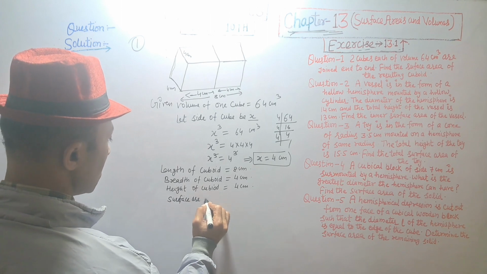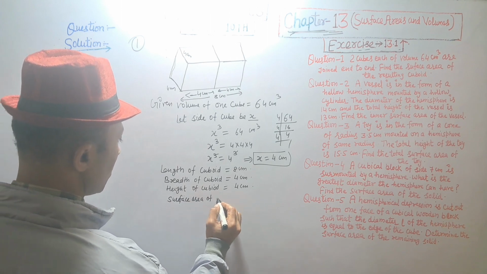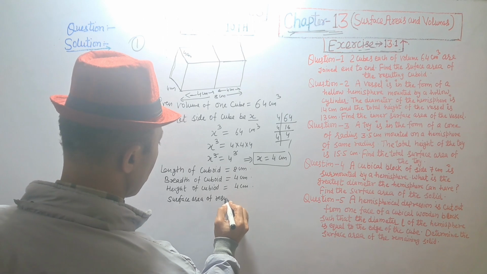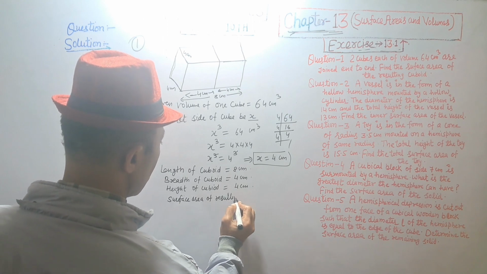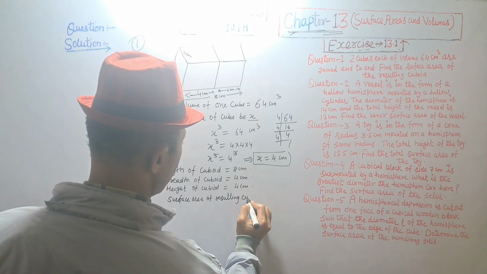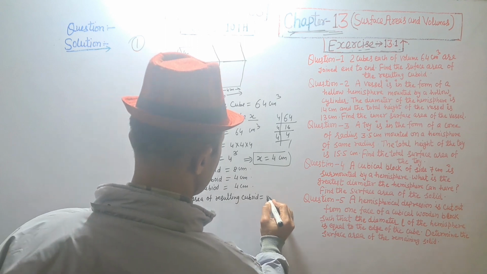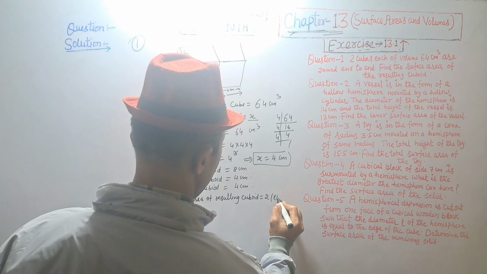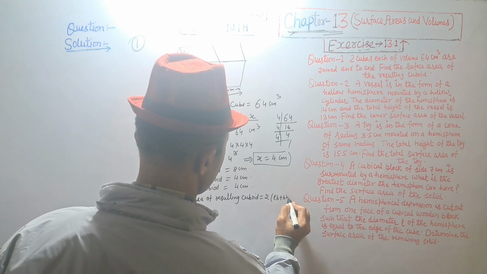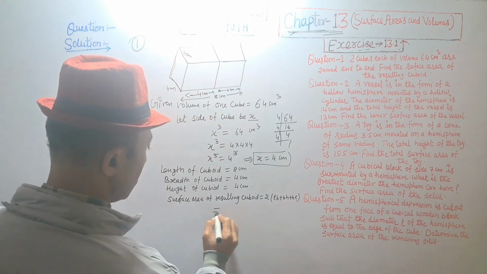Surface area of resulting cuboid is equal to 2 into LB plus BH plus HL.